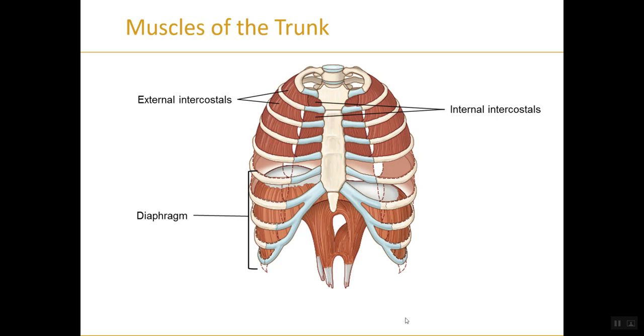The external intercostals lie superficially between the ribs, and they elevate the ribs during inspiration. The internal intercostals lie deep under the external intercostals. Then they depress or push in the ribs to force exhalation. The diaphragm enlarges the thorax to trigger inspiration.